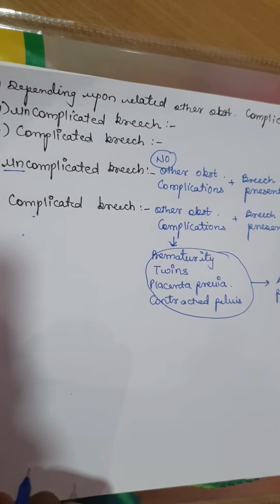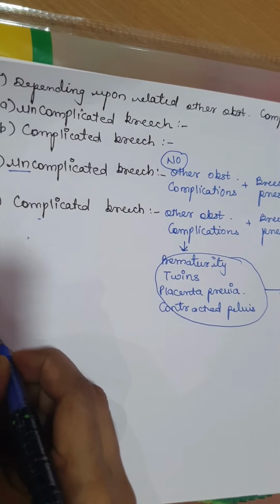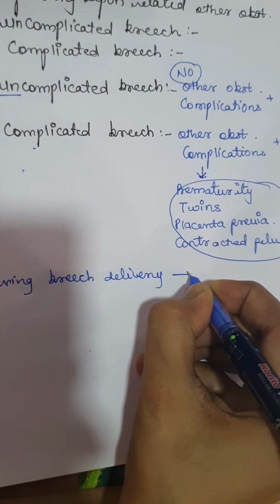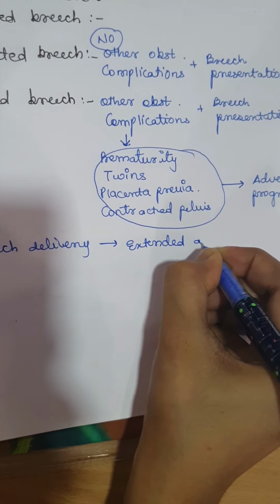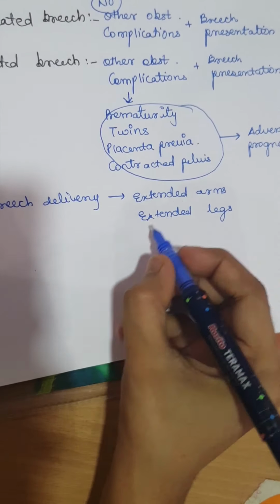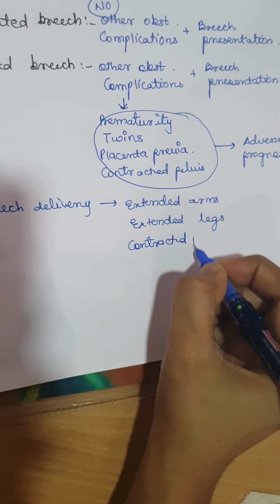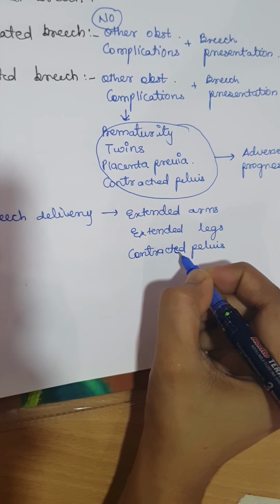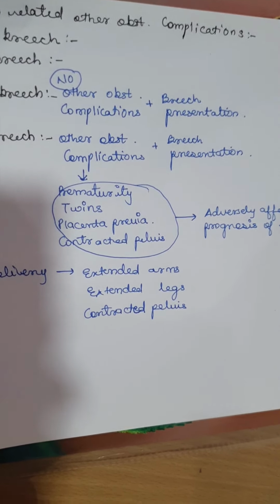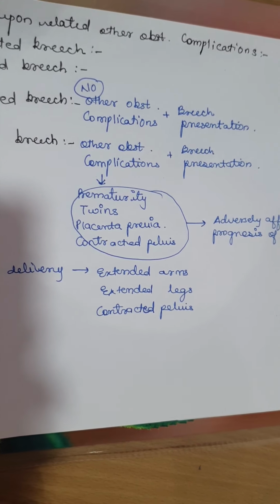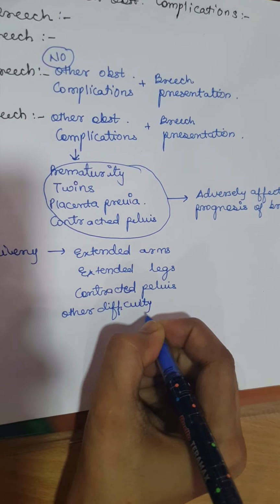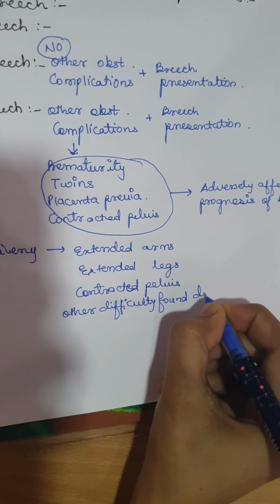And during the breech delivery, if the following things are observed, such as extended arms of the fetus, or extended legs, or as we have seen, a contracted pelvis, this contracted pelvis might become a major difficulty in the delivery of the head of the fetus in this presentation, or any other difficulty which is found during breech delivery.